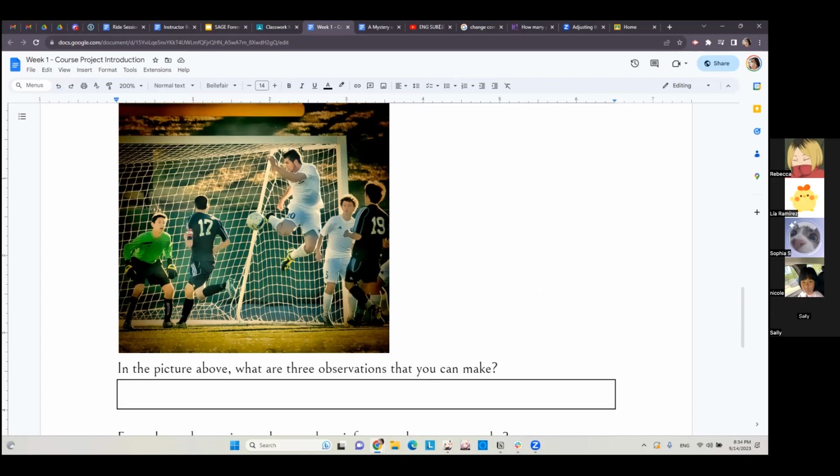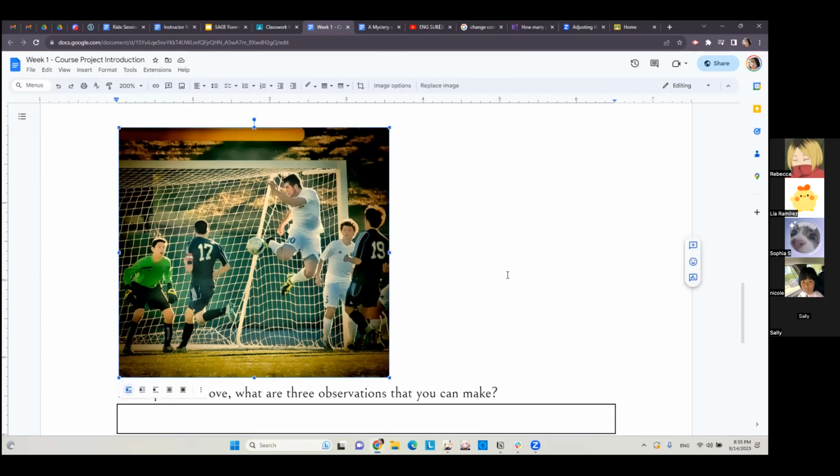These are just things that you can see, obviously. No one? Crickets. What are some things that you see in this picture? Anybody?